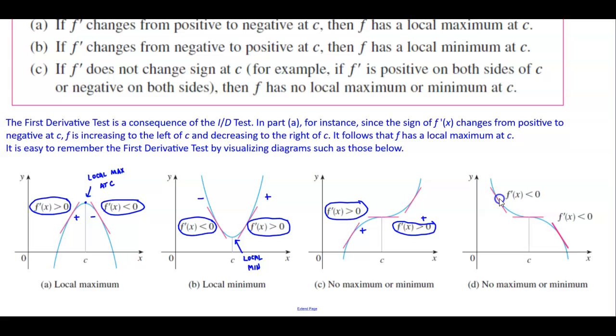Likewise, on the left side here, it's decreasing, so we know that the derivative is less than 0. On the right side, the derivative is also less than 0, which is negative. Since it's the same sign, it does not change at c, and therefore this also does not have a maximum or a minimum value.